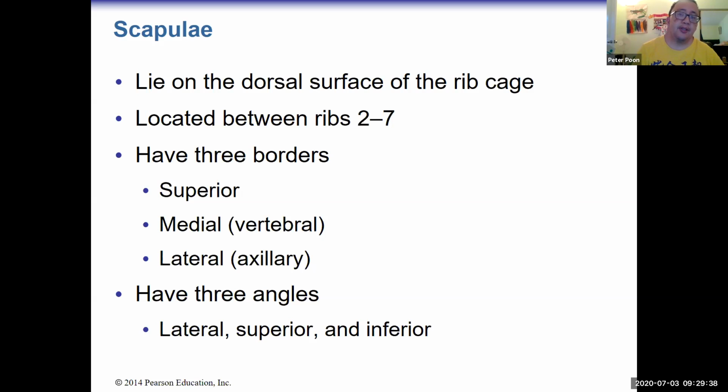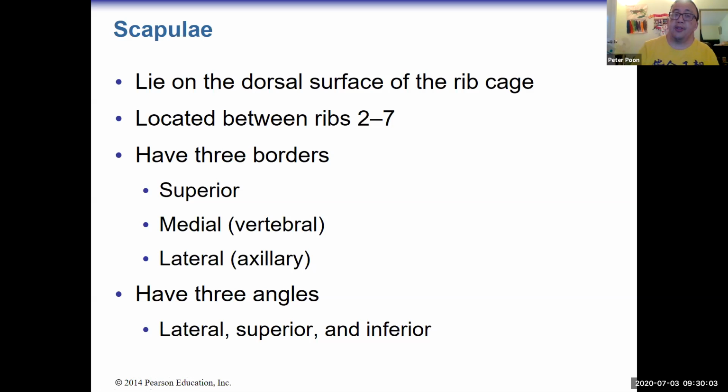The scapula is located on the dorsal surface of the rib cage. It's a triangle, and a triangle has three sides. So it has three borders: the superior border, the medial border, and the lateral border. You should know what these terms mean by now. The other term for medial border is vertebral, because it's next to the vertebrae.